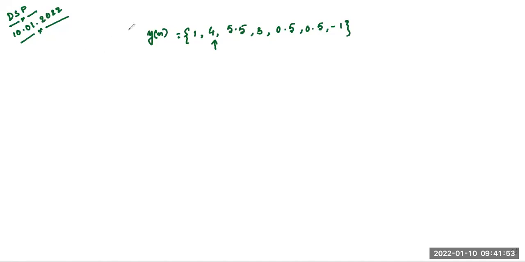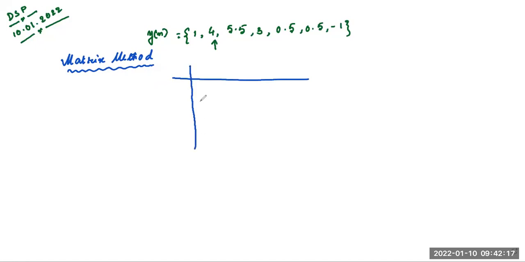Next is the matrix method of performing convolution. In the matrix method, we will do the same thing, but we will use a matrix for that. And this is our matrix. What is our xn? xn was 1, 2, 0.5, and 1.